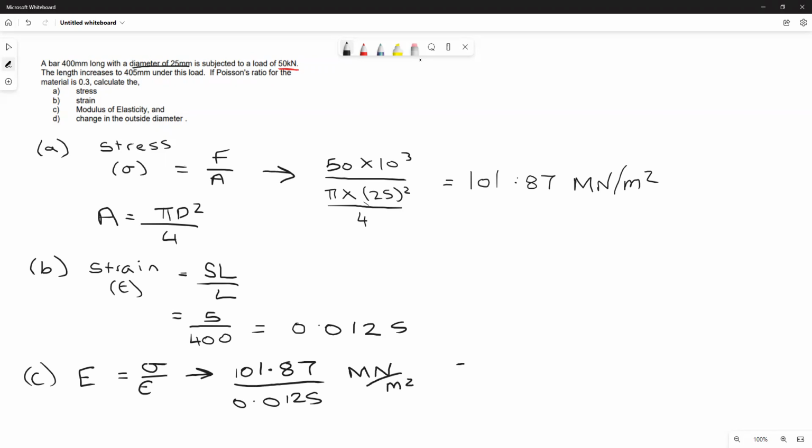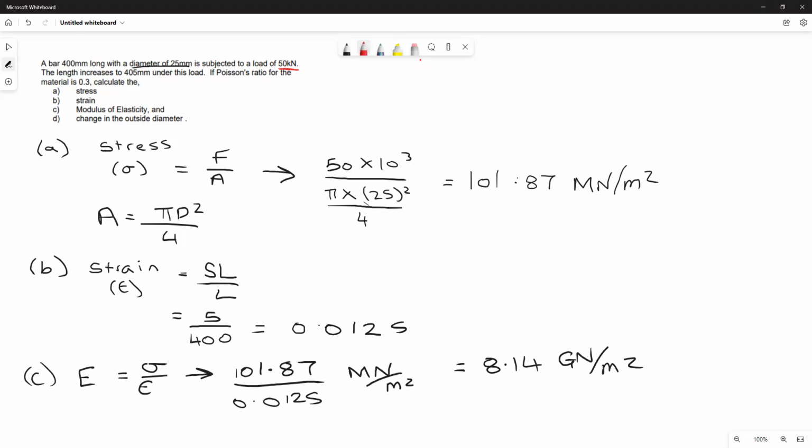And then once you put that into the calculator, you will then get a result of 8.14 giganewtons meters squared.